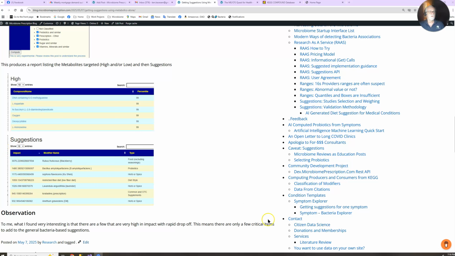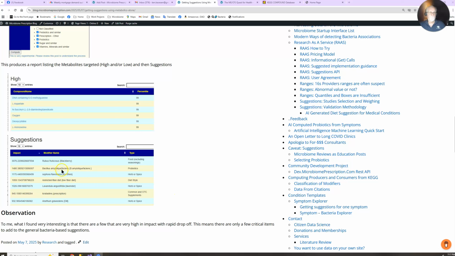And then you get your suggestions coming in, and the suggestions have the expected positive impact. What I found really interesting is that often the top one is a magnitude above the next ones. In this case, it happens to be blackberry, which seems to be the magical food more than anything.